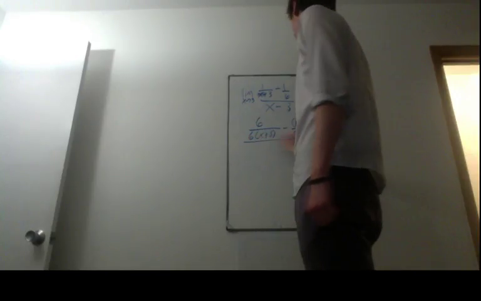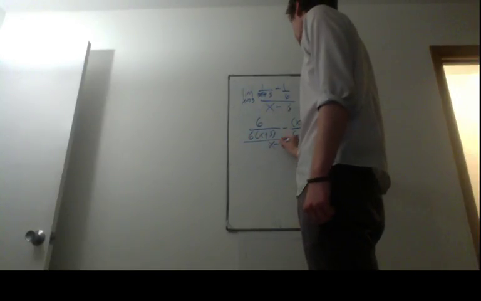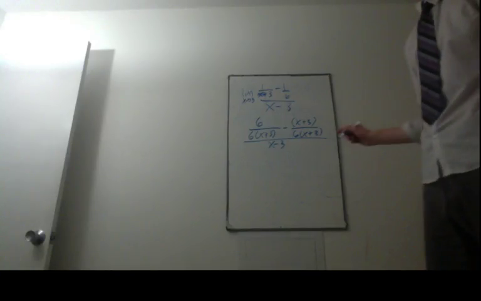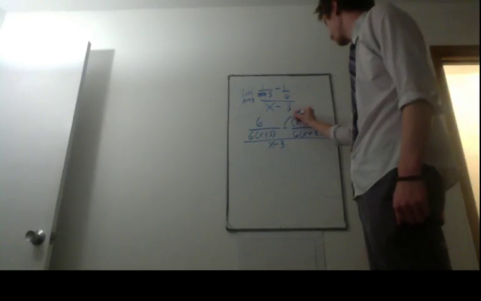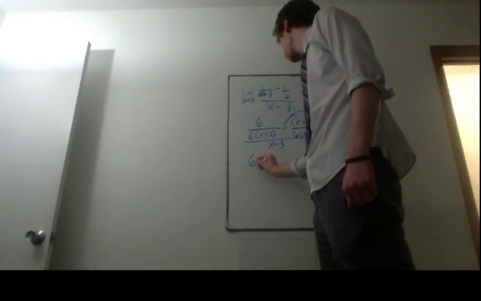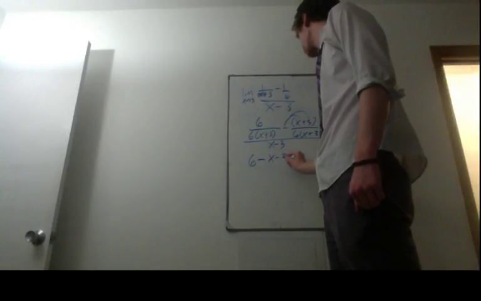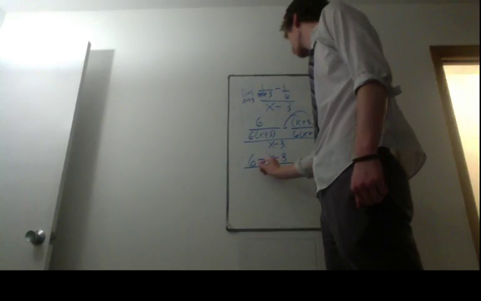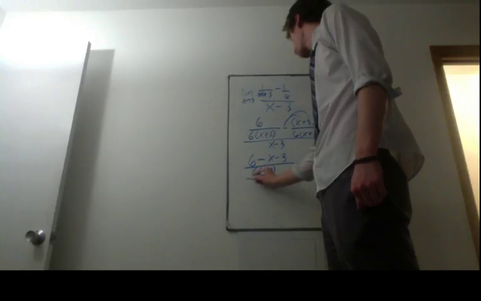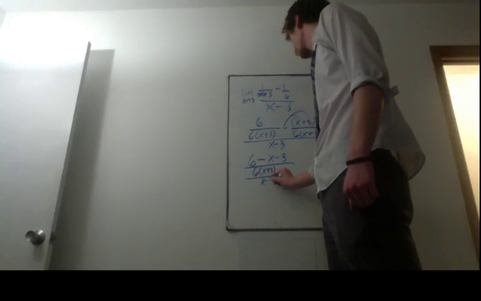And then the whole thing is still over x minus 3. Okay? So the thing is, we have to distribute this negative to both pieces. So we're going to get 6 minus x minus 3 over 6 times x plus 3 over x minus 3.